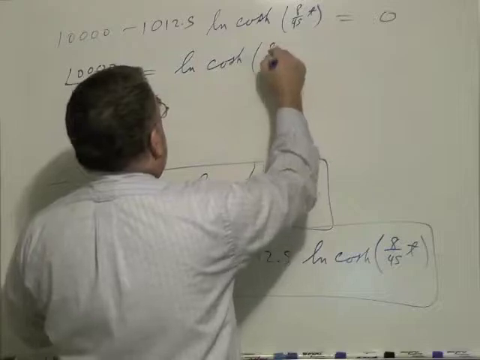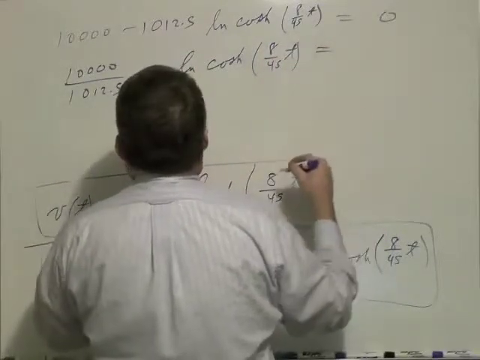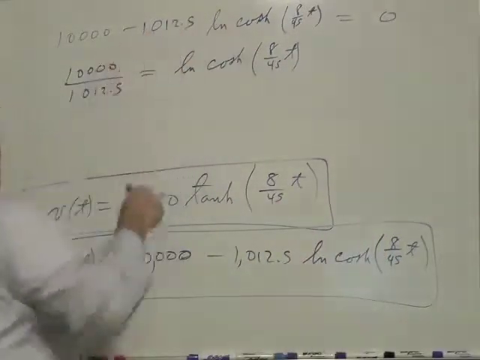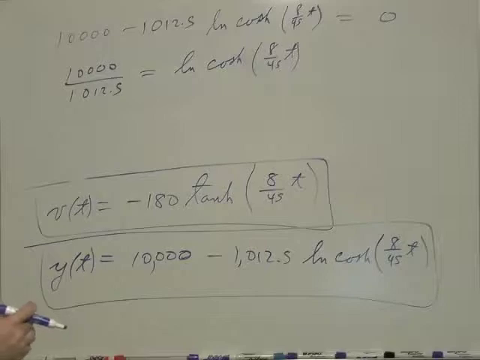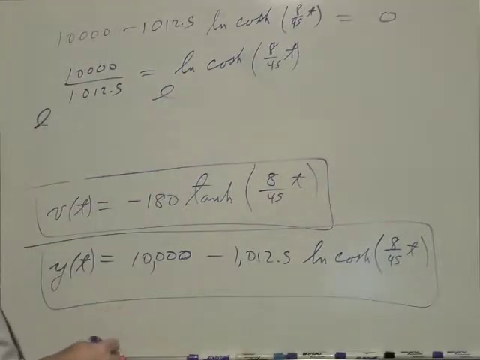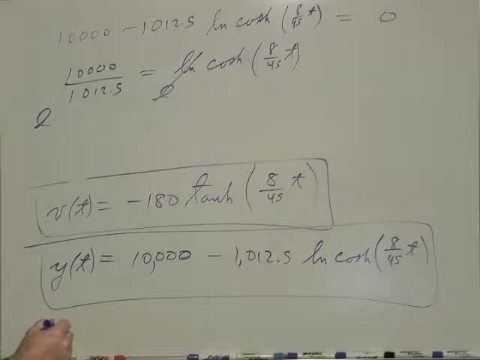C-O-S-H, there we go. 8/45 t equals, well, the equal. So I move that to the right, divided by 1012.5. Let's get rid of the natural log. And there we have it. So I have e to this number is equal to the cosh.